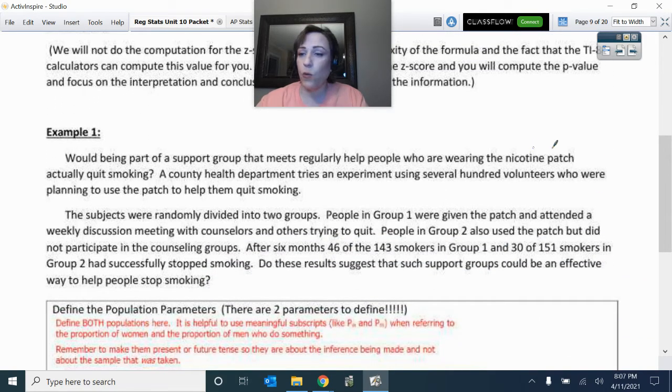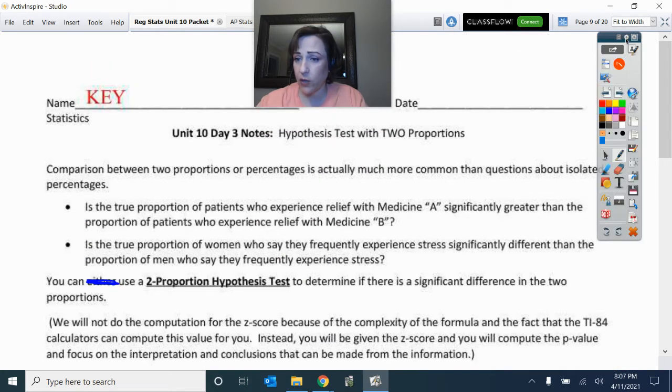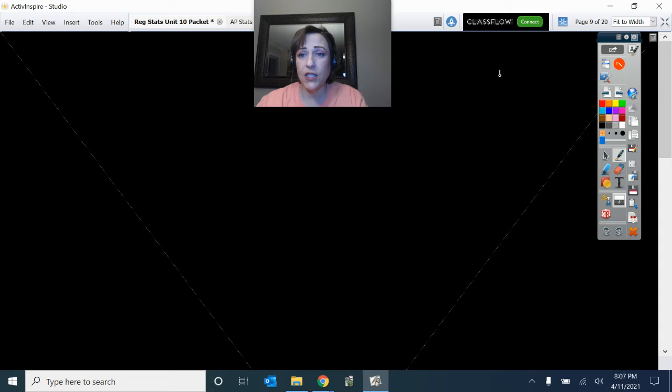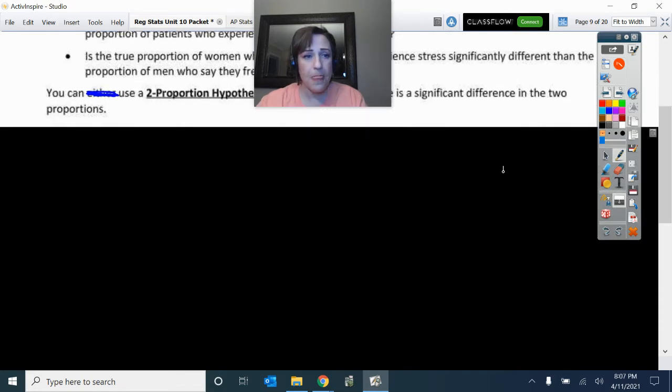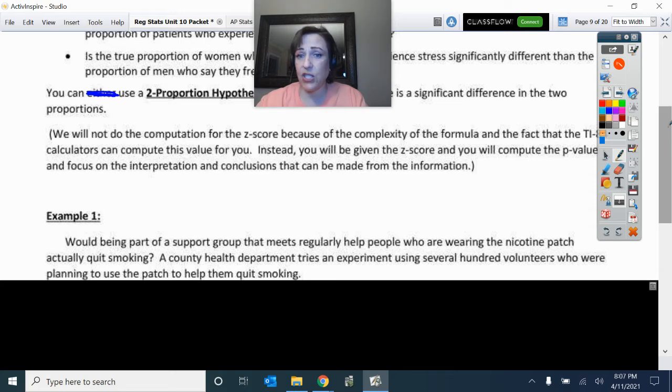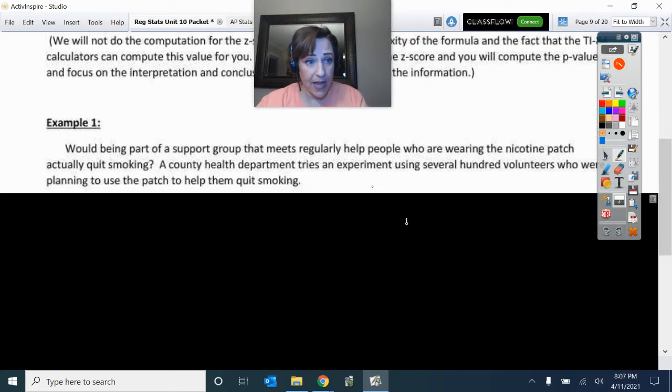All right, here we go. So maybe you're going to have a job later where you're working in a community and you wonder if being part of a support group that meets regularly helps people who are wearing a nicotine patch actually quit smoking. A county health department tries an experiment using several hundred volunteers who were planning to use the nicotine patch to help them quit smoking.